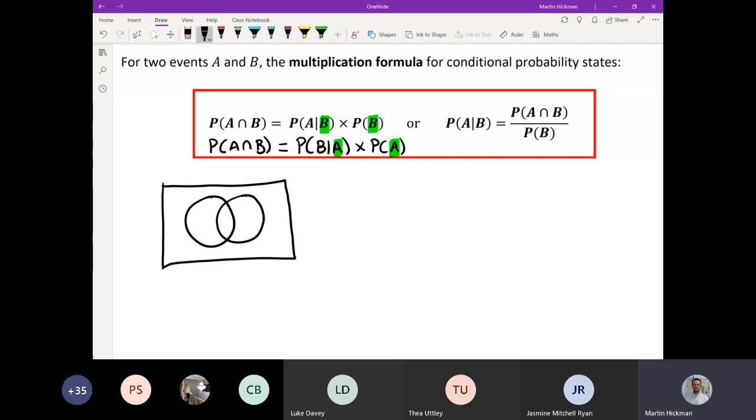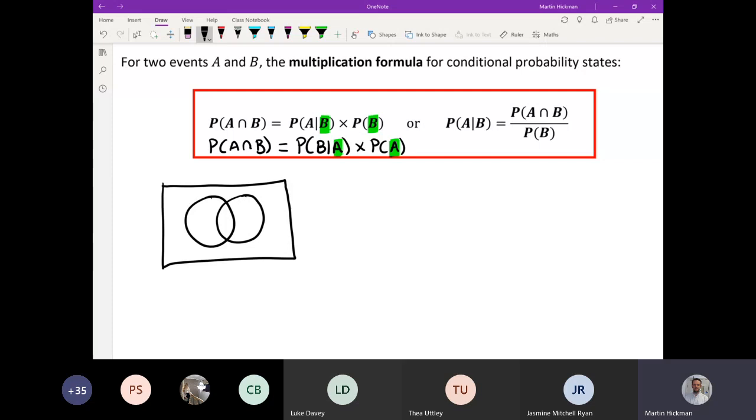So first things first, we're going to find the probability of C and D. That would just be the probability of C given D times the probability of D. Yet again, because I've got the D last, I times it by the probability of D. If I had the probability of D given C, I would times it by the probability of C instead to find the probability of C and D. That's just taken from the formula above, but instead of A and B, I've now got C and D.